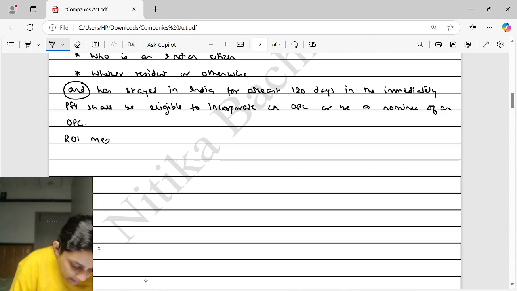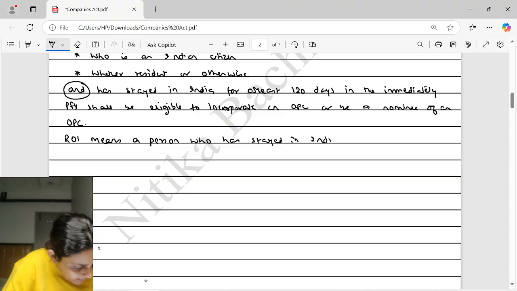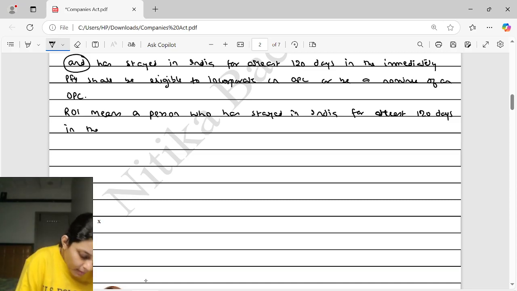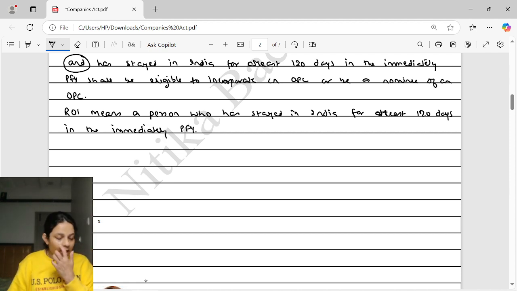Resident of India means a person who has stayed in India for at least 120 days in the immediately preceding financial year.